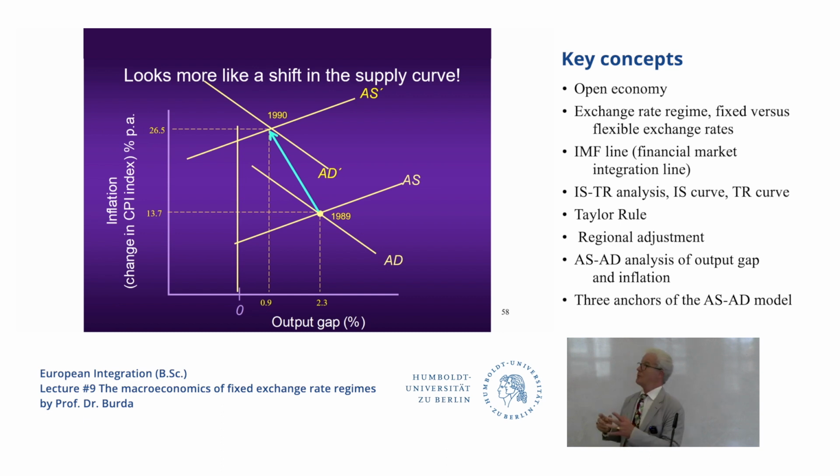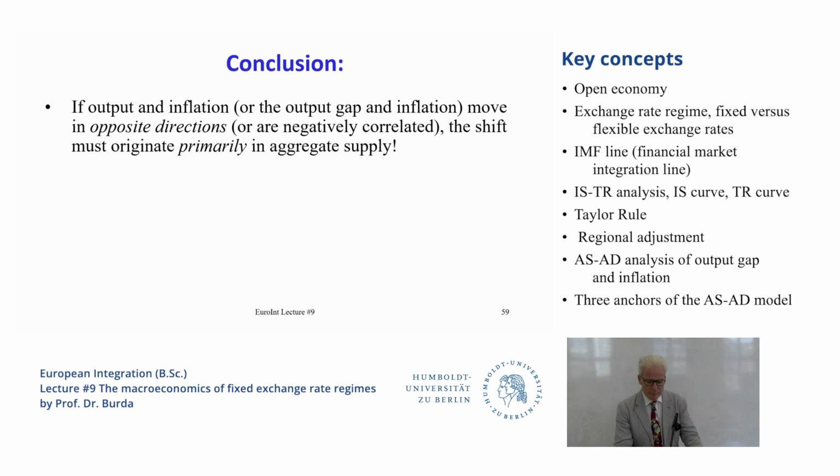So the central bank's behavior determines the position of the AD curve, but the expectations of the central bank will anchor the AS curve. Okay, so this is kind of interesting, right? And I haven't written down any math this round. But all these curves can be rationalized as behavior of households and firms or the behavior of the central bank.